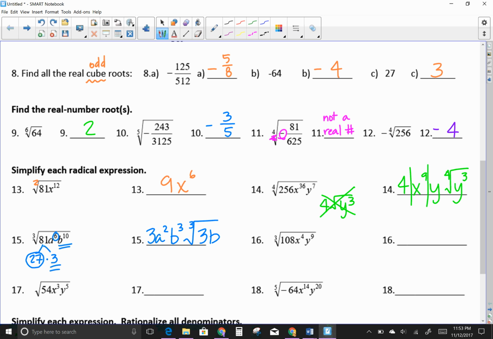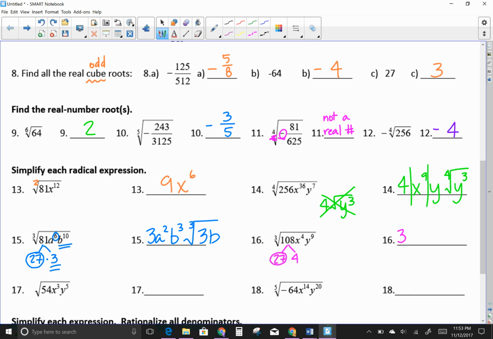All right. So again, the third root of 108 is not going to come out evenly on your calculator, so you have to break it up. Find that perfect cube, which in this case again is 27, because 27 times 4 is 108. Okay, 27 is 3 to the third power. It is 3 times 3 times 3. I have to see 3 of the same thing to be able to bring one out.